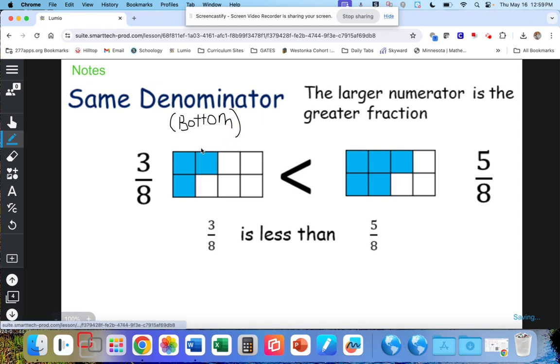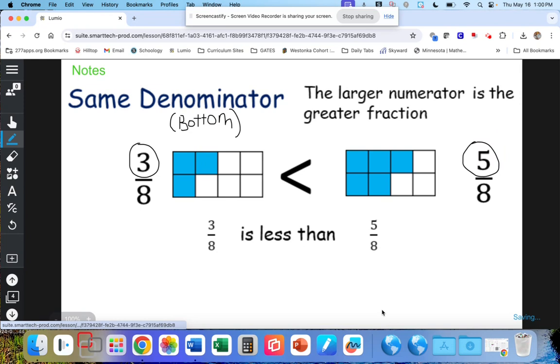The bottom number just tells us how many pieces our whole item is broken into. So if we're going to compare 3/8 compared to 5/8, our bottom number tells us that our whole is broken into 8 pieces on both of these fractions. So really it's the top number we're going to look at. We have a 3 on top and a 5 on top.